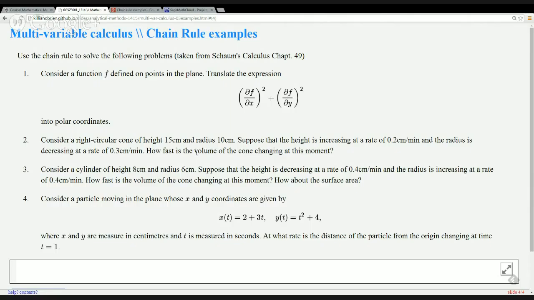And dh dt is 1/5. So this is the rate of change of the volume at any particular time.